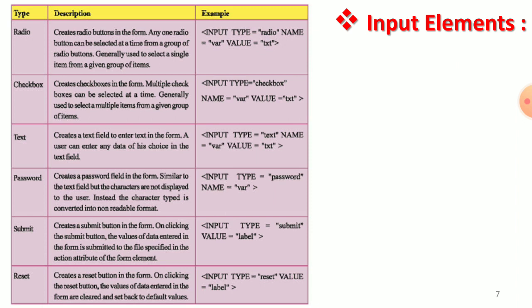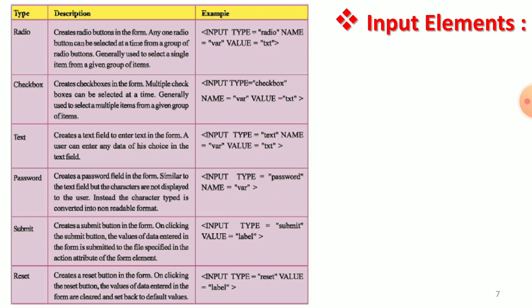Next is a submit button. Creates a submit button in the form. On clicking the submit button, the value of data entered in the form is submitted to the file specified in the action attribute of the form element. That is a submit button.